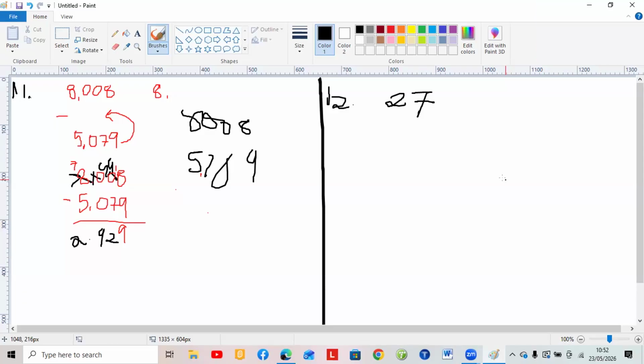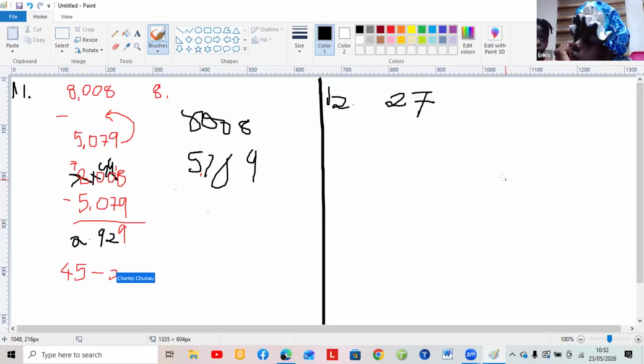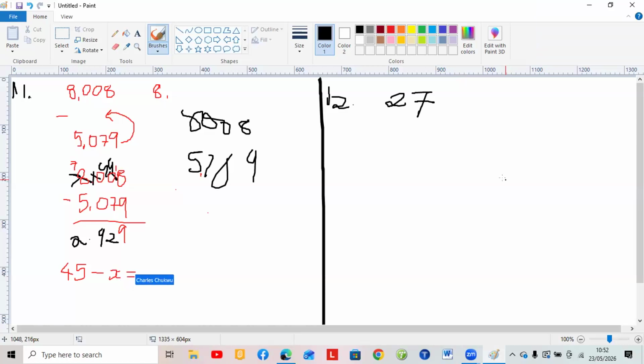So that means this question is just like the one with 18. 45 plus 18. Not minus. You cannot see minus here. Is this the question? Confirm.